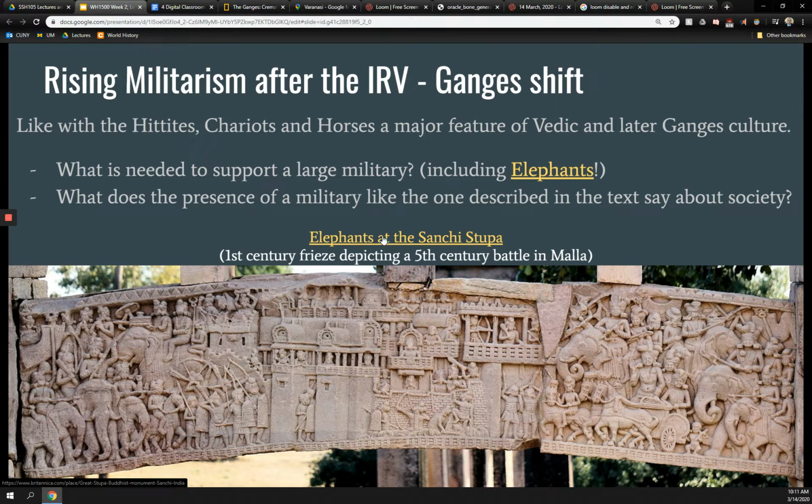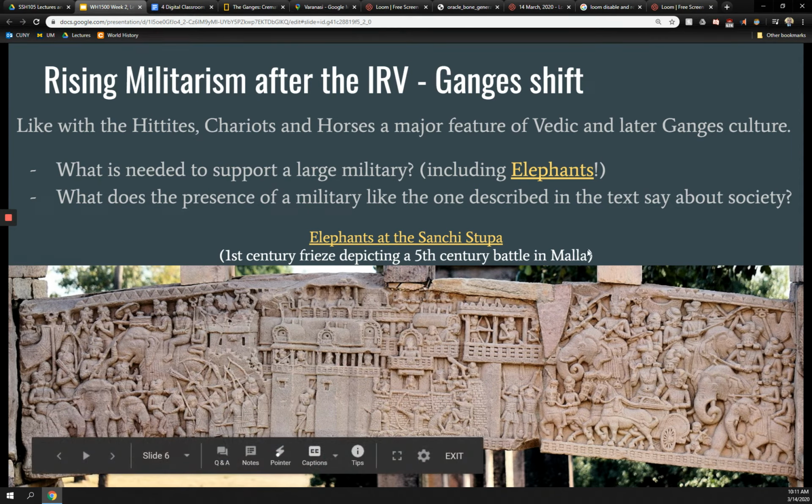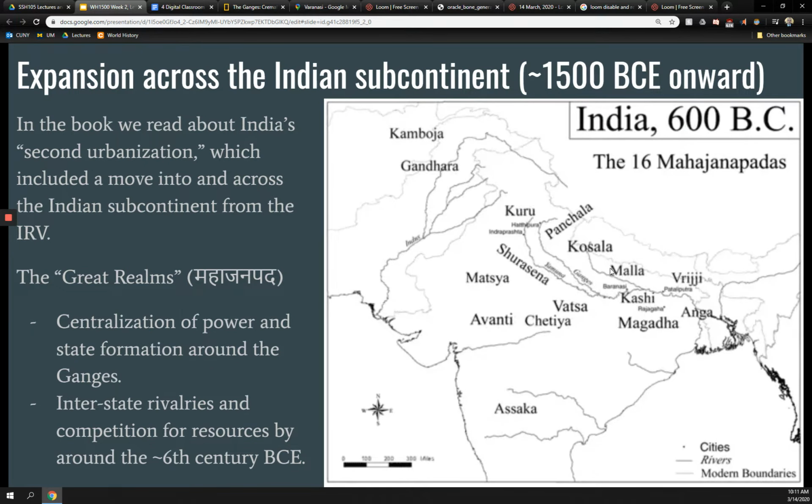You can look at this link if you would like, but we have a 5th century BCE battle happening here with elephants attacking a walled city at Mala, which I believe is one of the places we see here. Yeah, here's Mala right in the middle.